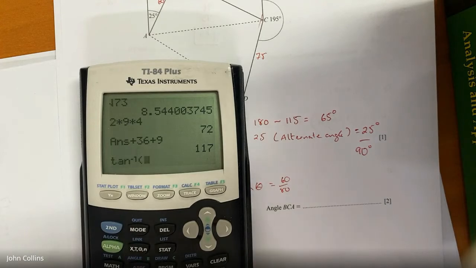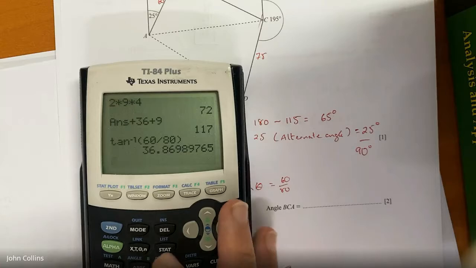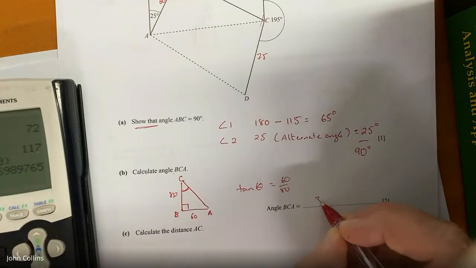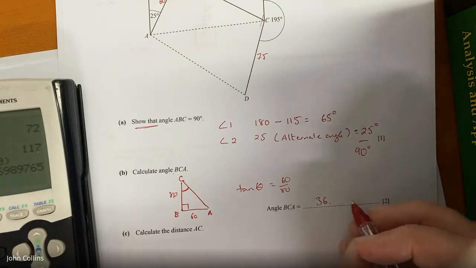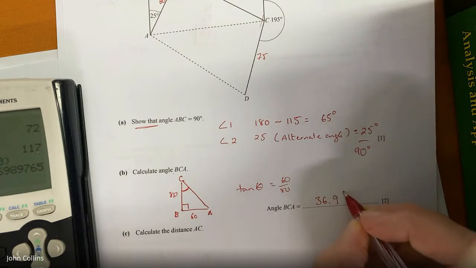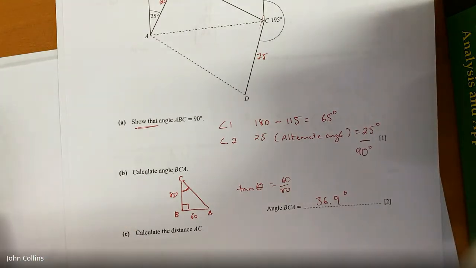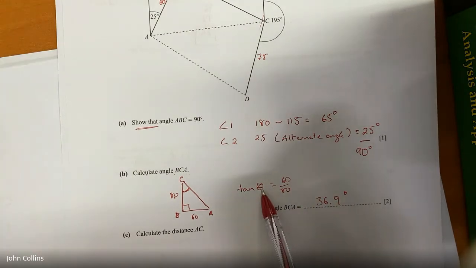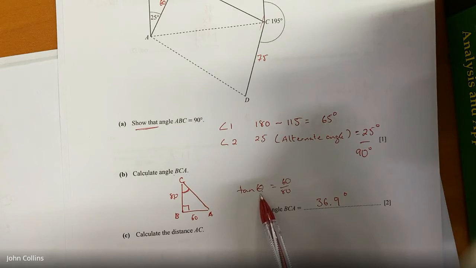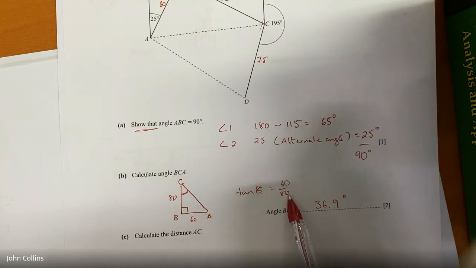So inverse tan gives 36.8, is it? 36.9 degrees, I think. Tan theta: you can call it tan A, tan X, whatever. And then I use inverse tan to get the angle.